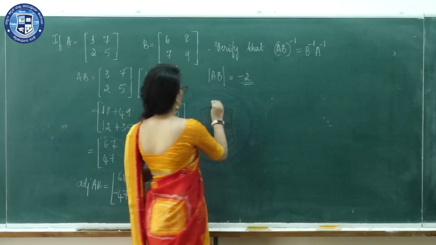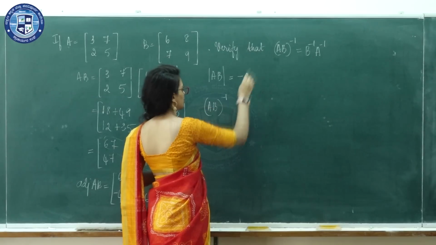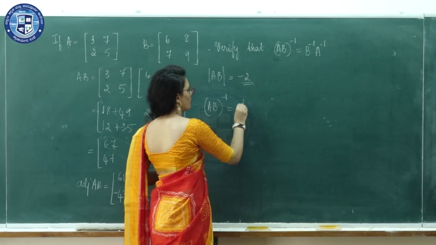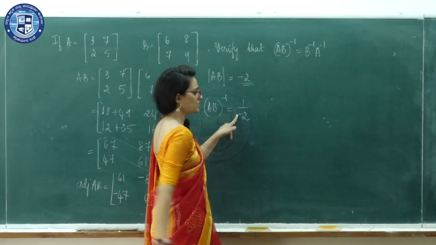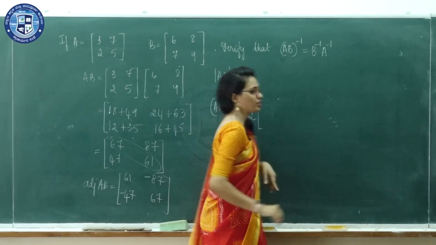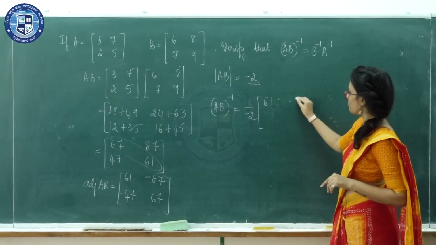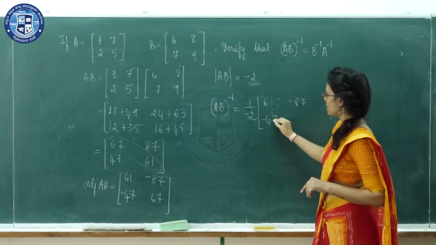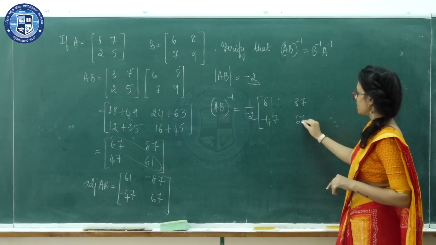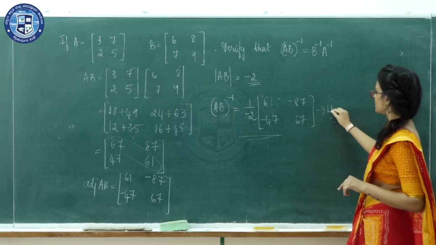So, value of AB inverse, that is the left hand side, is equal to 1 by determinant of AB. So, 1 by minus 2 into adjoint of AB. Adjoint of AB is 61, minus 87, minus 47 and 67. Okay. So, this is our left hand side.